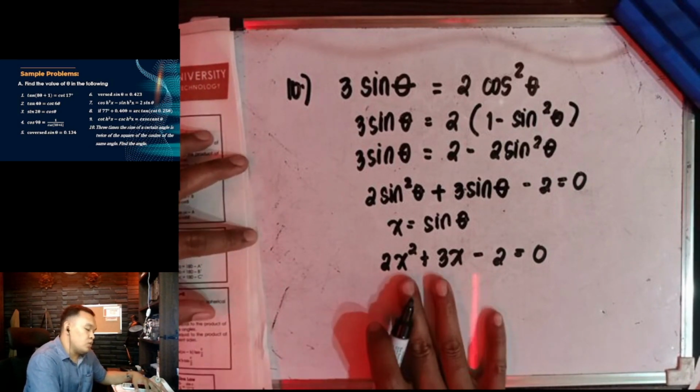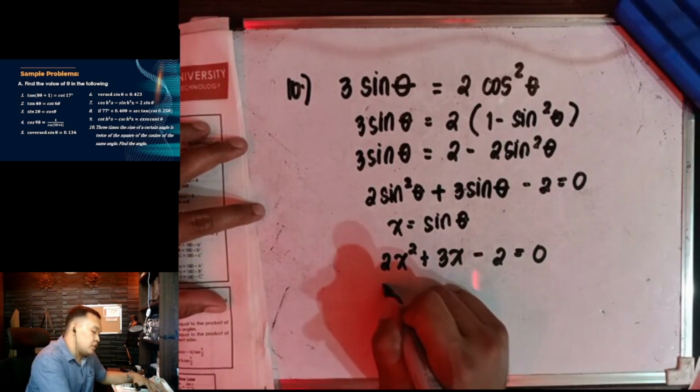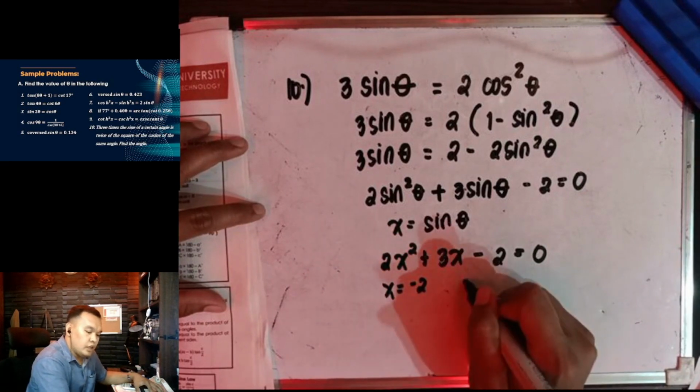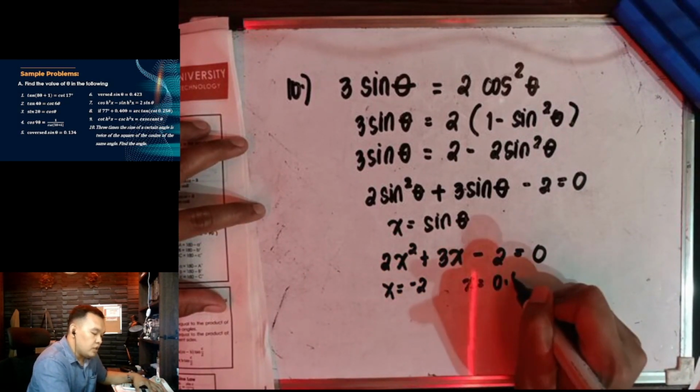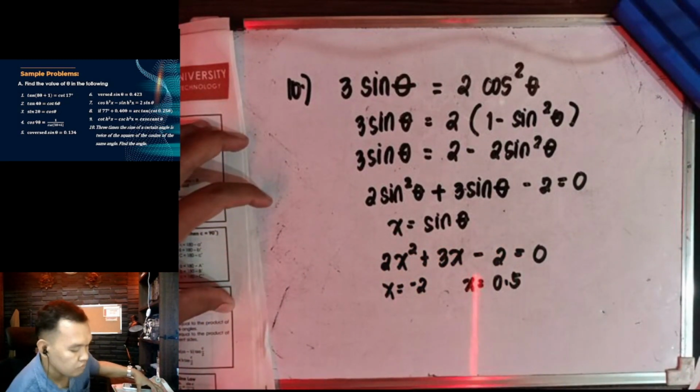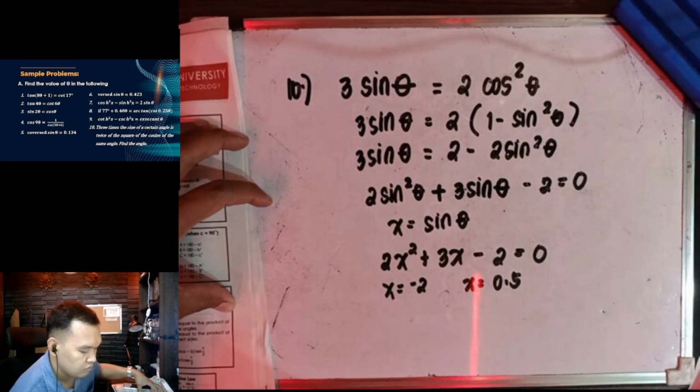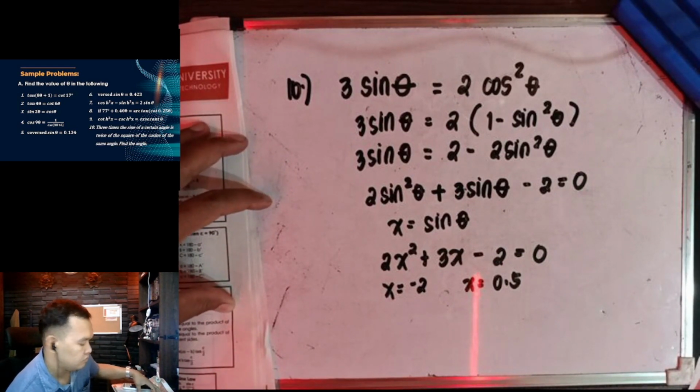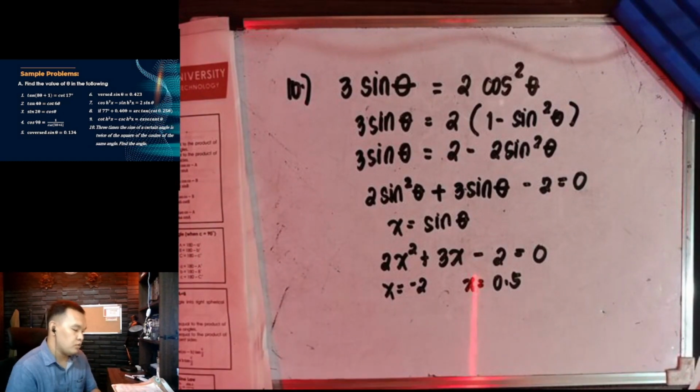No? So, to get the roots here, we could compute that x is equivalent kay negative 2 and x is equivalent kay 0.5. So, check lang natin na kung tama yung roots natin.